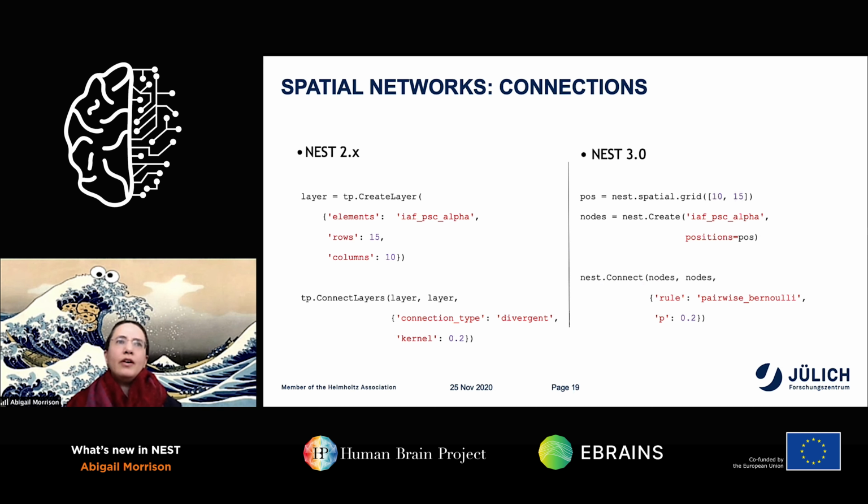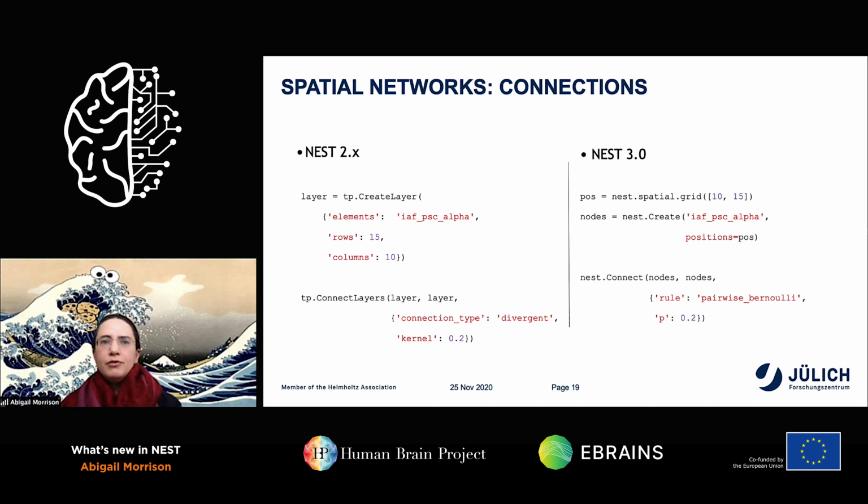On the left-hand side, we can create a spatial grid which has 15 rows and 10 columns by sending in a dictionary. And now we can create, first of all, the positions with the spatial grid, and then we can simply create a node collection which assigns those neurons to those positions. And then once again, they can be connected using any of the many connection rules that NEST has available.